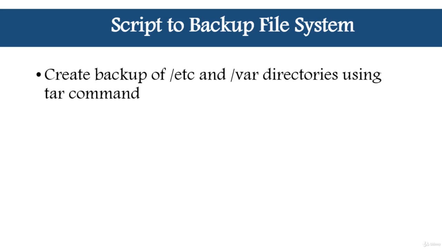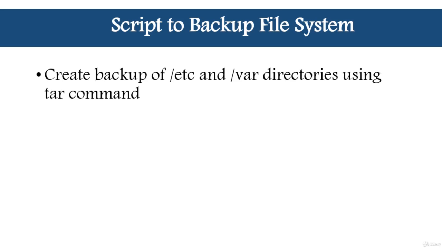Same thing if something has changed in your /etc directory, the configuration has changed, and your application has stopped working, you could go back and restore it from your backed up /etc directory. That's one reason. The second reason is I'm just picking these. You could actually pick any directory that you want for your test purposes. So I am picking these just for my lesson to make you understand.